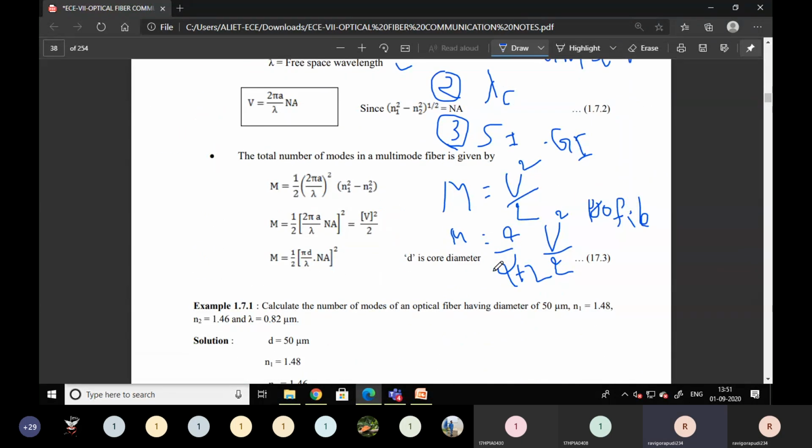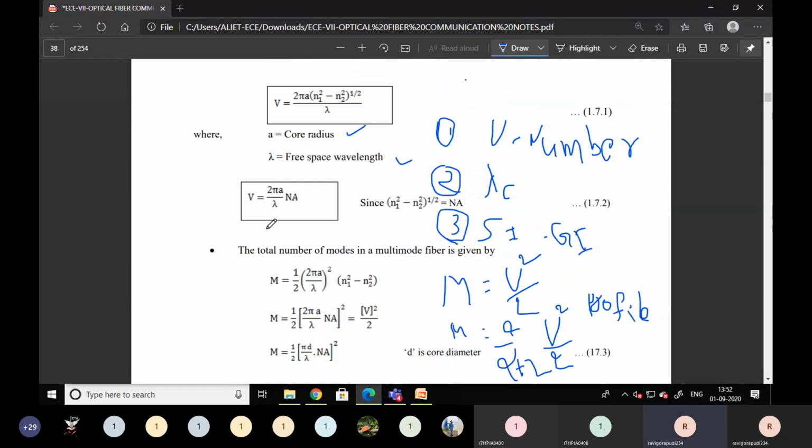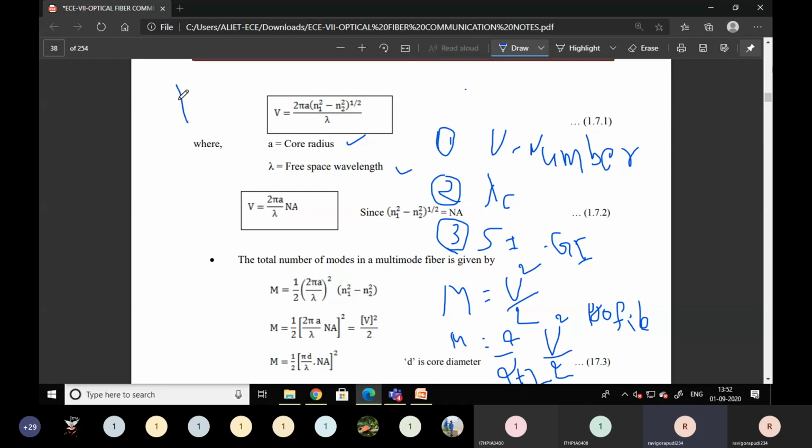Then we'll see some problems. Remember all these different parameters, and here we are taking lambda wavelength, maybe in micrometer or maybe in nanometer. Whenever you substitute lambda values, you must indicate the power of 10.